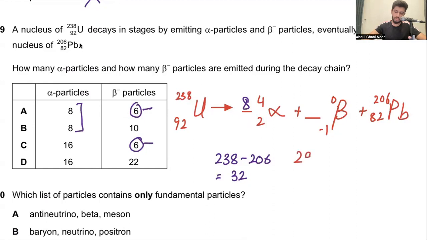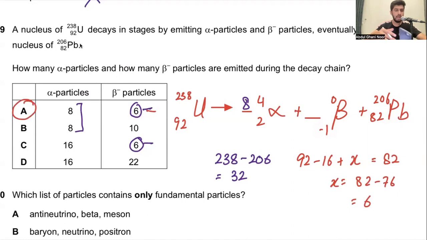So 92 minus 16 protons plus X. So this causes an increase in proton number. Plus X is equal to 82. So X is equal to 82 minus 76, which is equal to 6. So you have 6 beta particles. The answer has to be A.